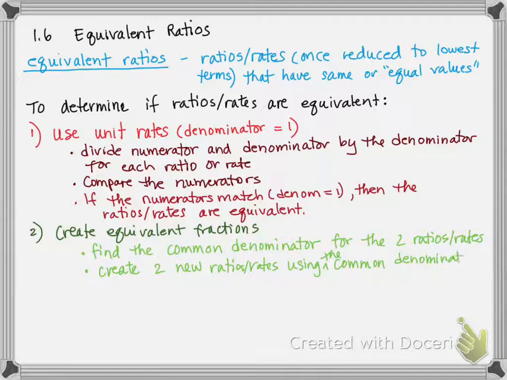And just like with unit rates, once the denominators match, you're just going to compare the numerators. If the numerators are the same, then you have equivalent ratios or rates. And if the numerators aren't the same, then we've got a problem.